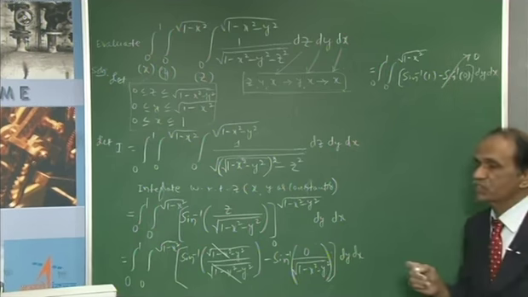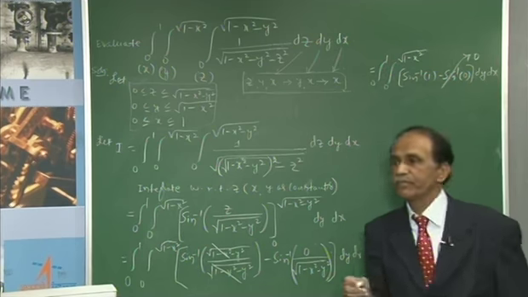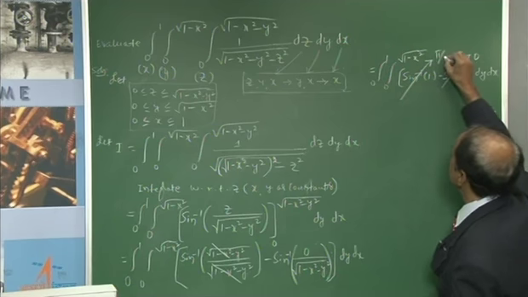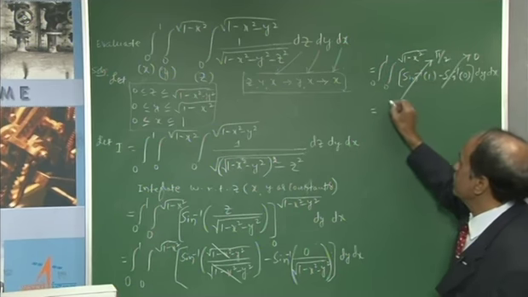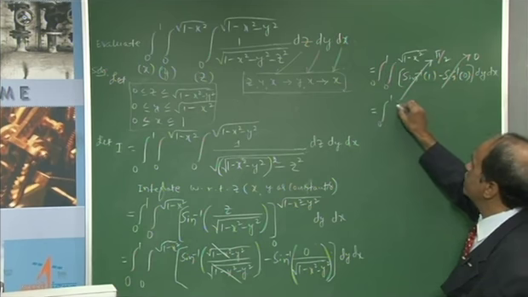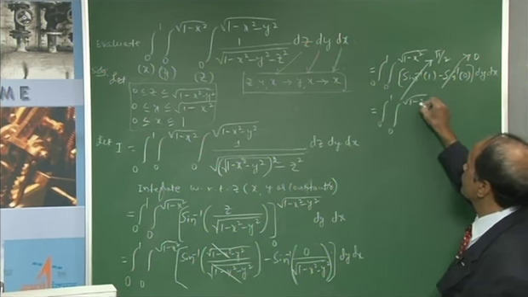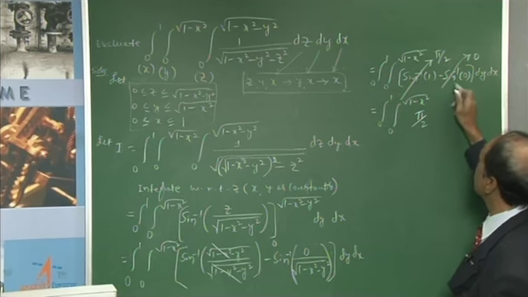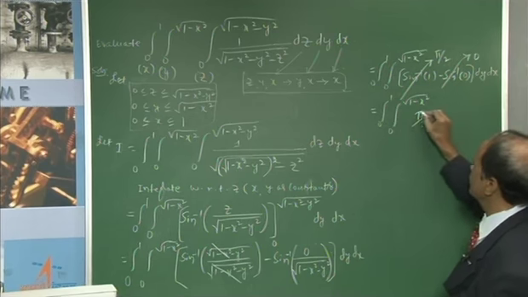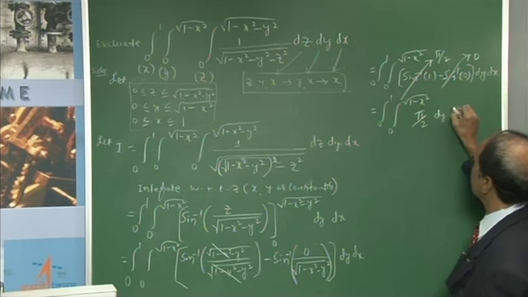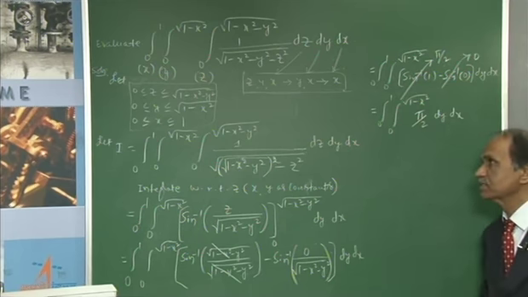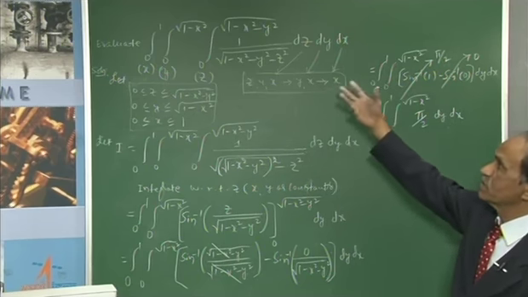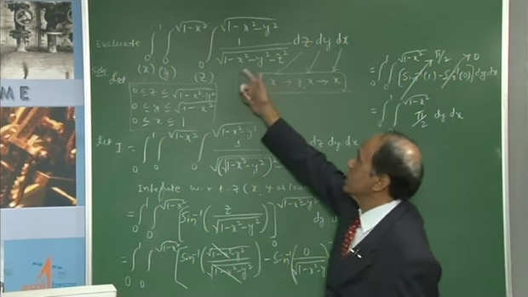As you know, sine inverse of 0 is 0 and sine inverse of 1 is 90 degrees, that is pi by 2. That is 0 to 1 and 0 to root of 1 minus x square, pi by 2 minus 0, dy and then dx.